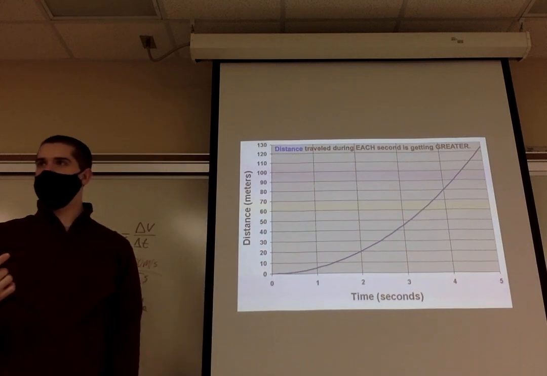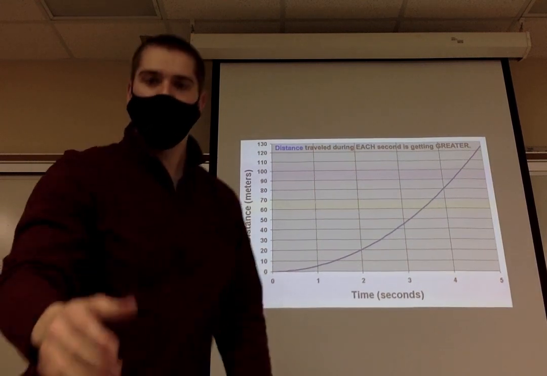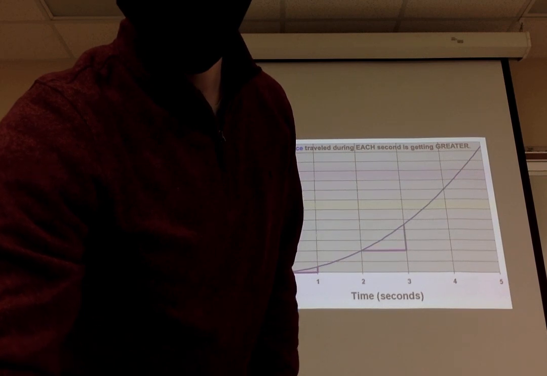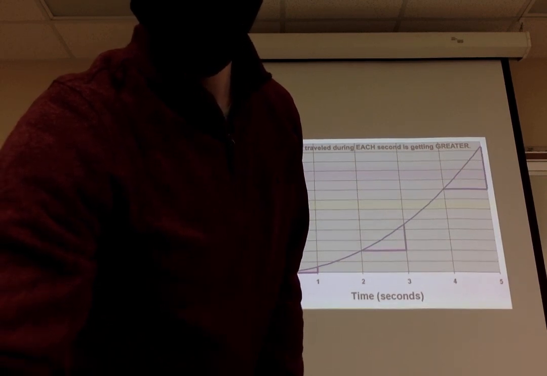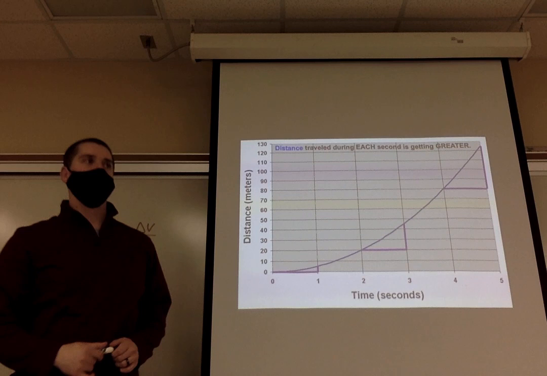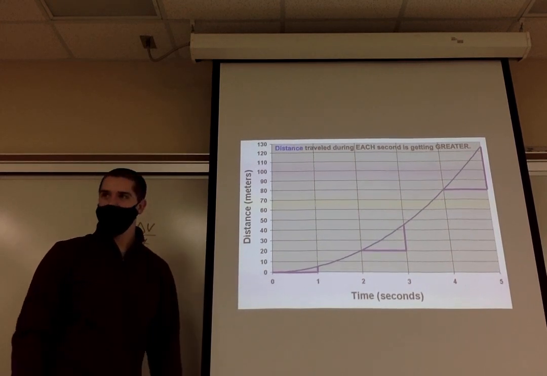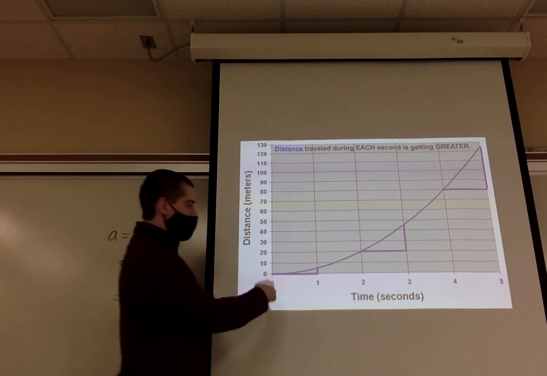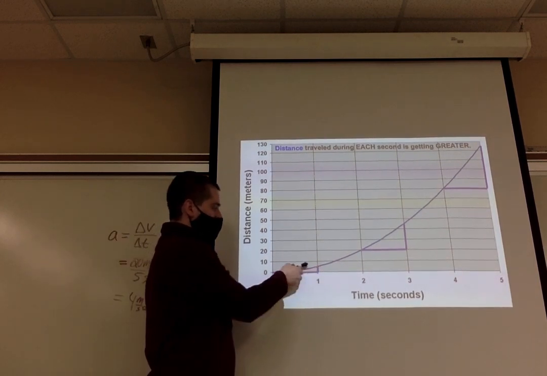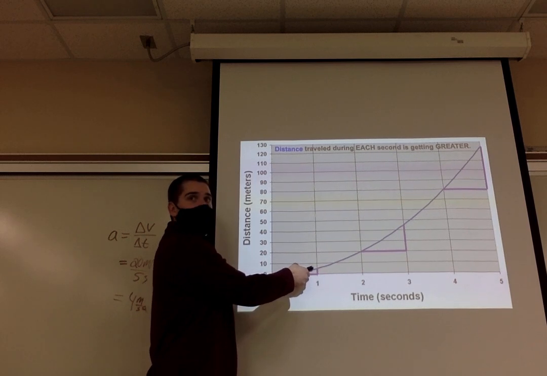Remember, the change in position over time is speed. So if you find the approximate slope, is this a steep slope or not? No. So is your speed high or low? Low. Your position's not changing with time very much.